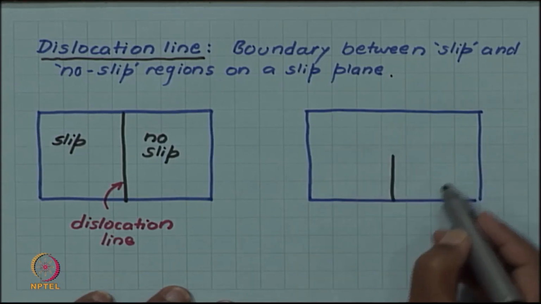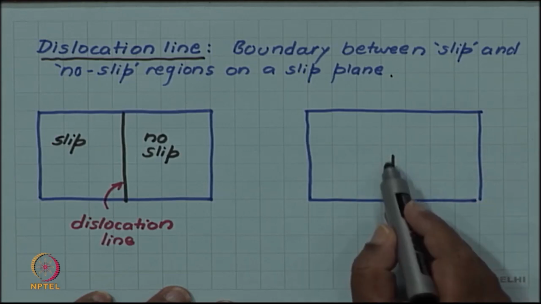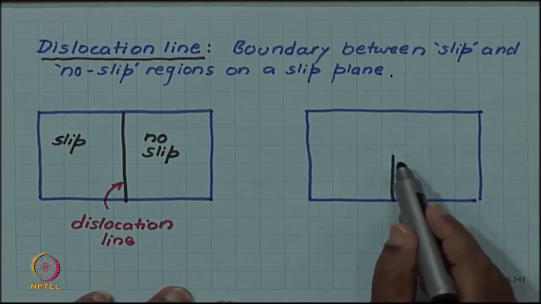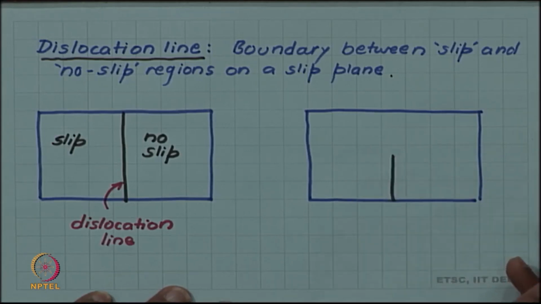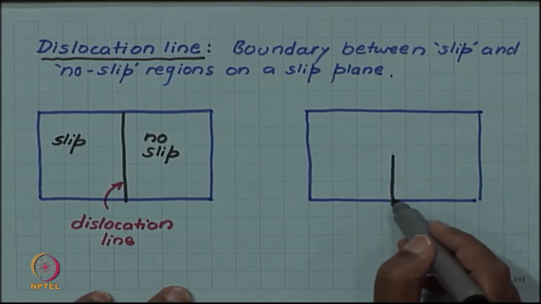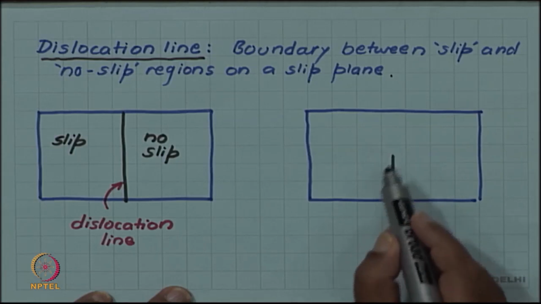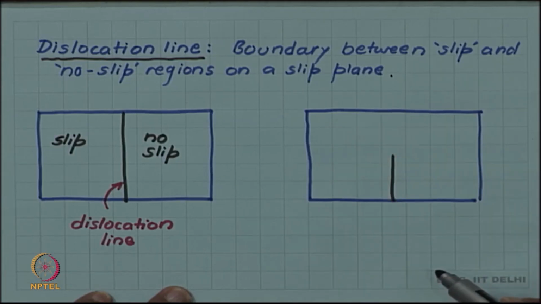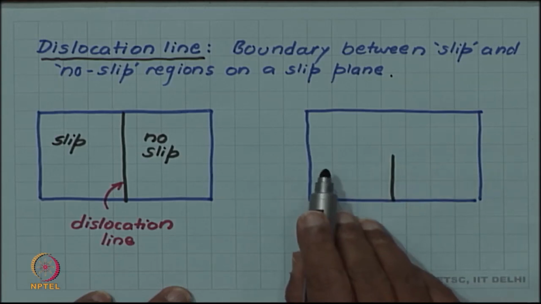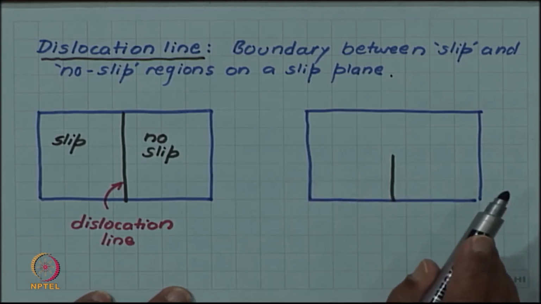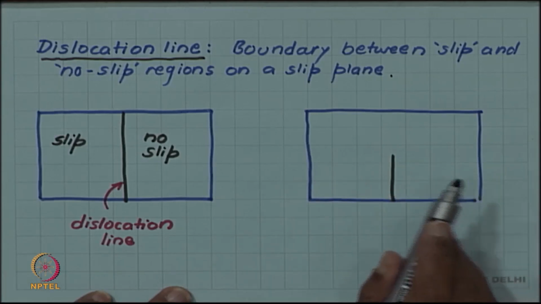The entire region of the slip plane is continuous and a line is hanging in this way. So, a hanging line of this sort, a line which is starting on the front face, but is abruptly ending inside rather than going all the way to the back face, will not be able to divide the slip plane into two regions, which we call slip and no slip.